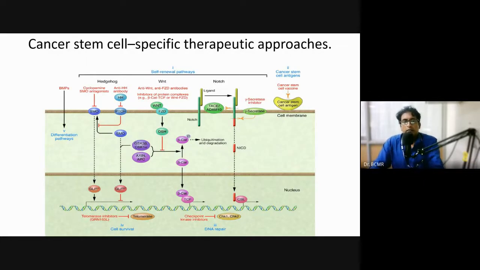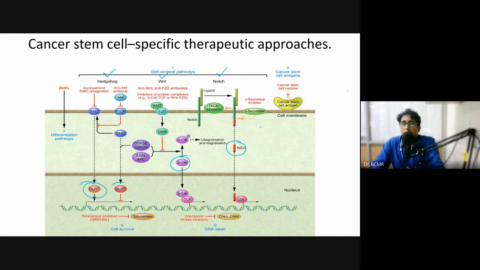And then we have some cancer stem cell specific therapeutic approaches, which we have already discussed. Just to summarize, we discussed 3 signaling pathways: Notch, Wnt, and Hedgehog. And we know the different doers here: NICD, beta-catenin, GLI2/3, the activator.